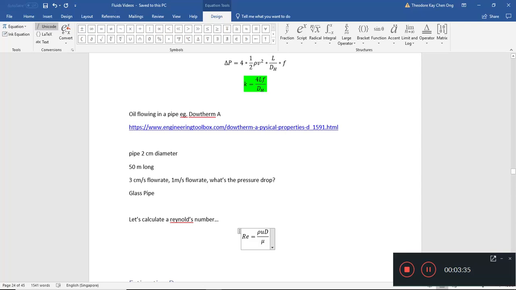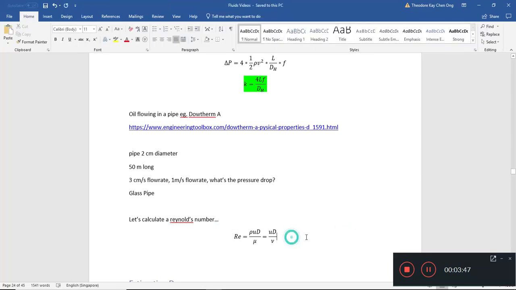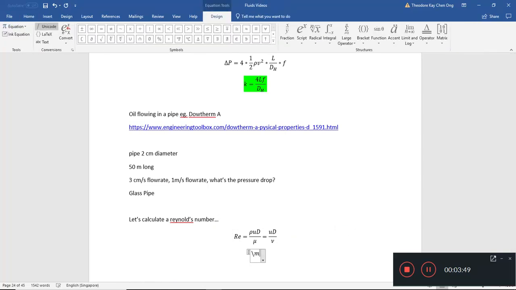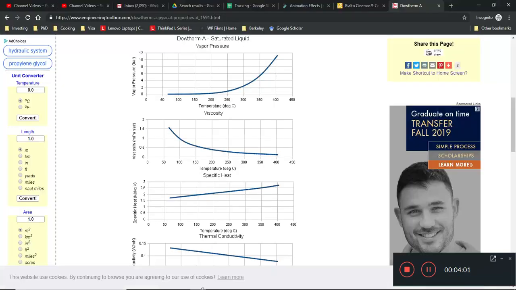You can also write it like this, rho u d over nu. This nu is the kinematic viscosity. It is just the ratio of mu over rho. So let's calculate that for this case.